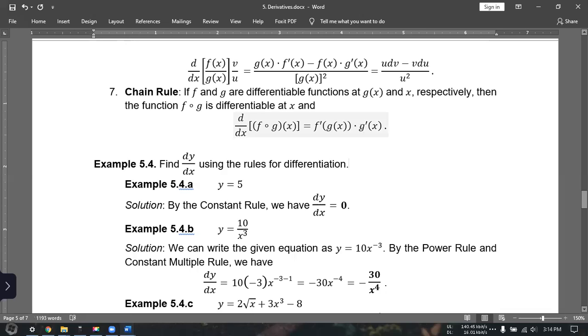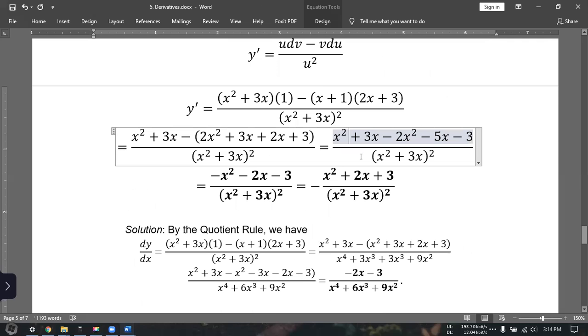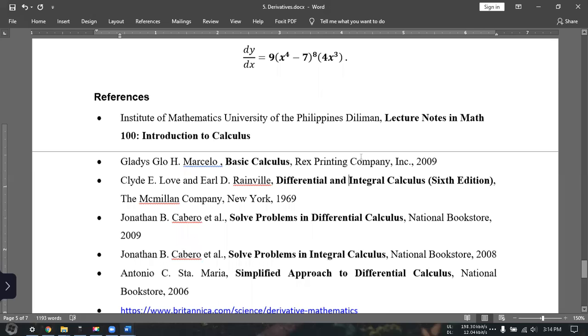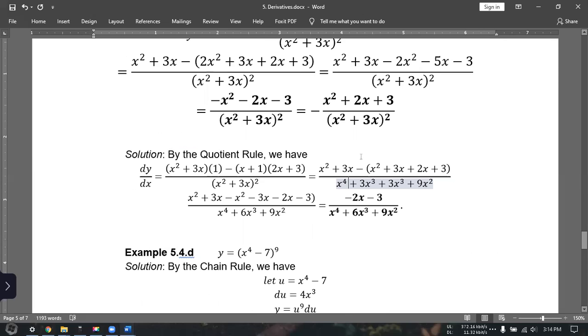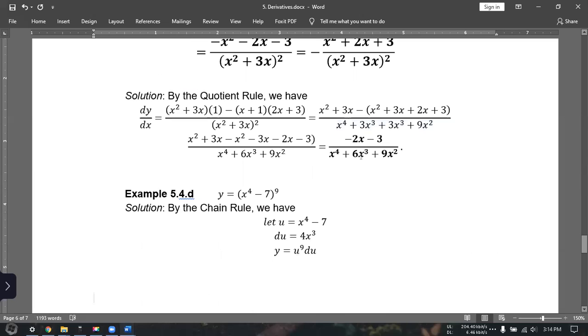G prime of x is actually the derivative of u in our equation. Not yet, we haven't used the chain rule yet. Here, y prime first.